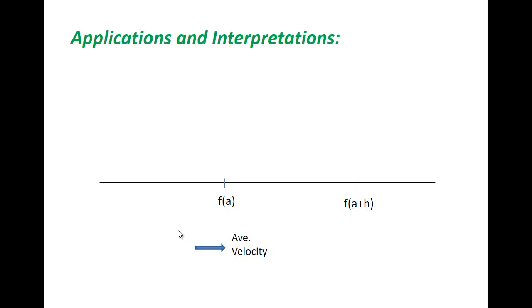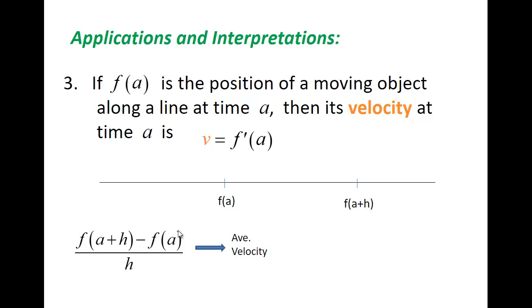So then the average velocity of this bug would be f of a plus h minus f of a over h. That's the average velocity of the bug over the period of time from a to a plus h.